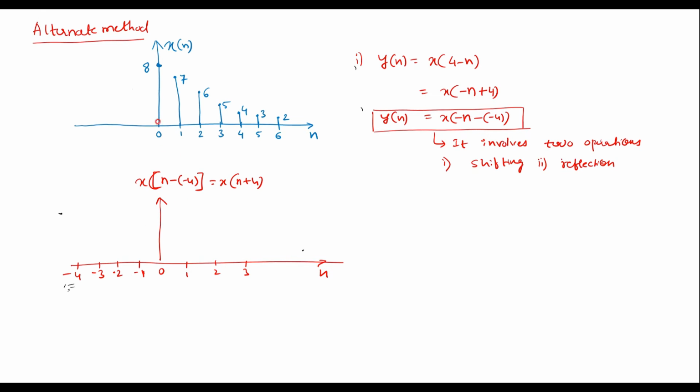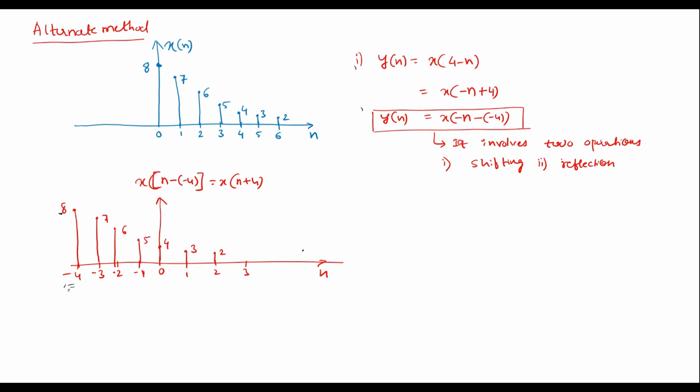So it will be shifted towards left by 4 units. It means at n equal to minus 4 the same signal will start. That is, this is 8, next we have 7, next we have 6, we have 5, 4, 3 and we have 2. So this is x of n plus 4.